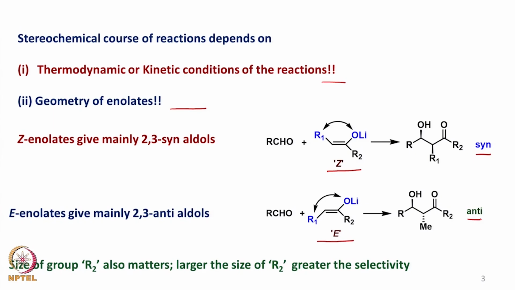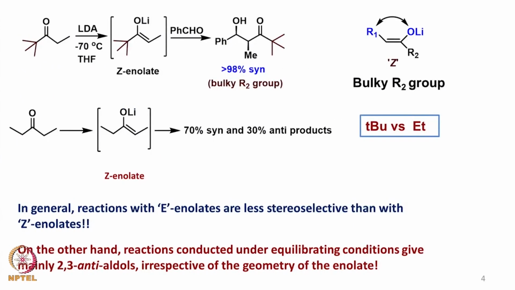It also depends upon the size of the R group here. For example, if the size of R2 is large, then there is a higher selectivity observed. So everything boils down to how we can ensure that Z enolate or E enolate is formed, depending on what we want. Selectivity in terms of formation of E and Z enolate is therefore important.